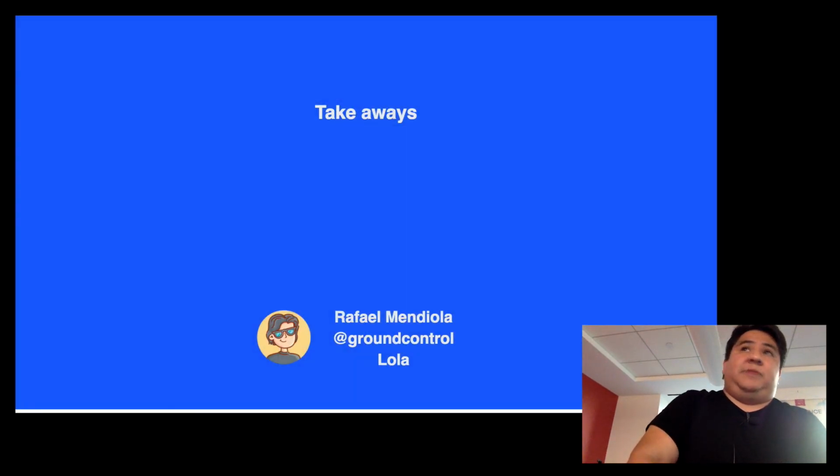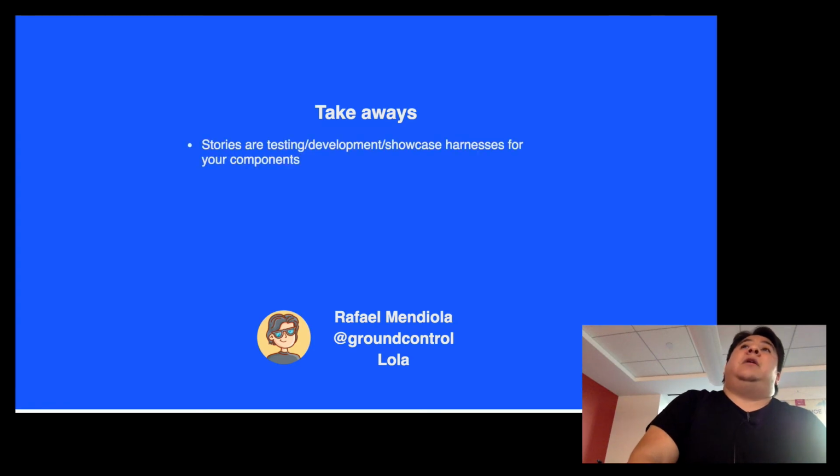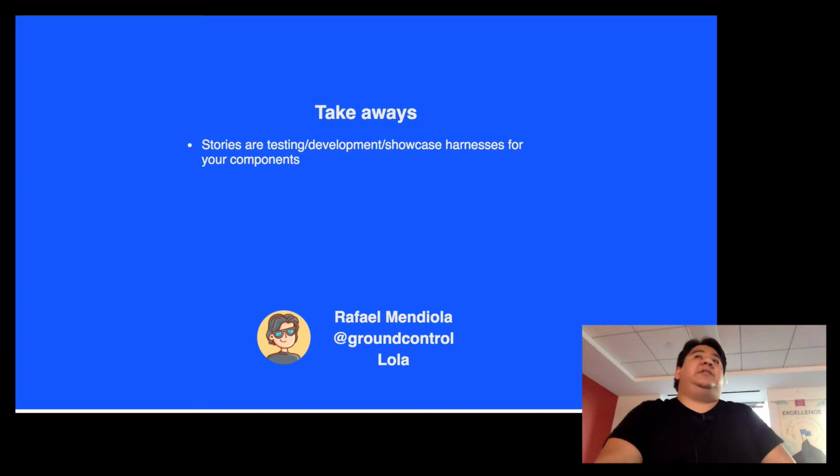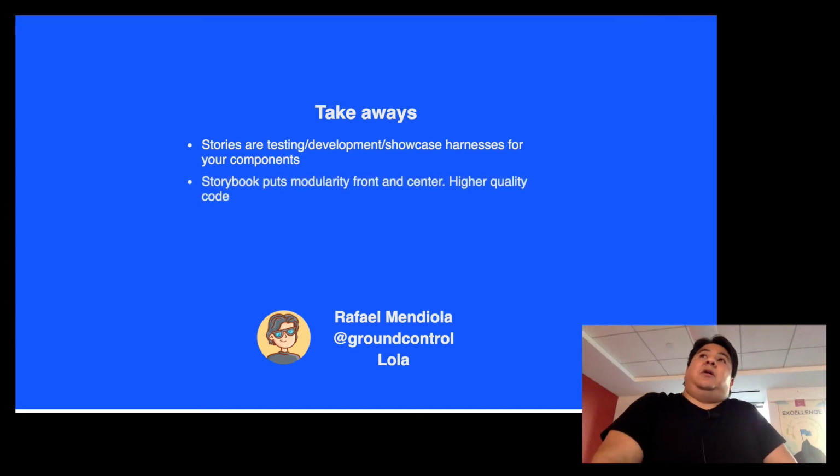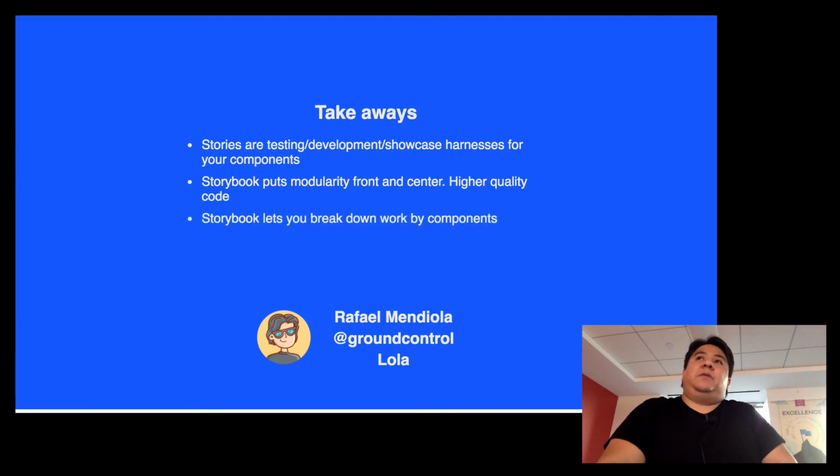So some takeaways from this. Stories are testing, development, and showcase harnesses for your components. Storybook puts modularity front and center. And if you want a very clean, maintainable code base, you need to put an emphasis on modularity, and you'll have higher quality code.